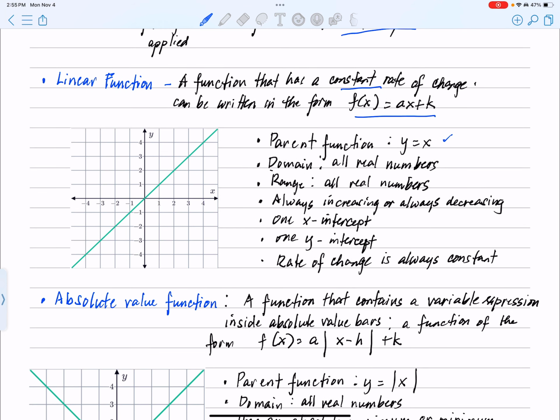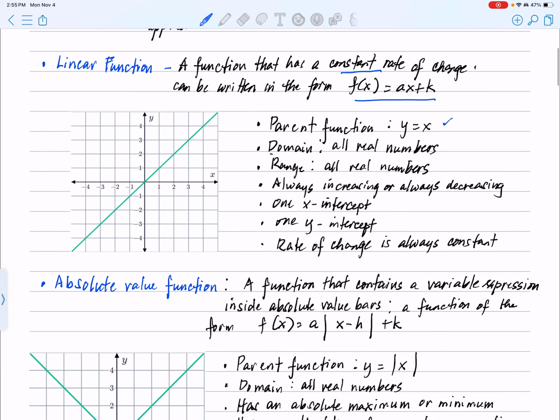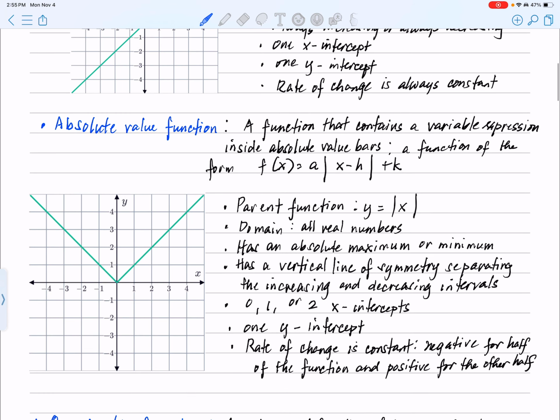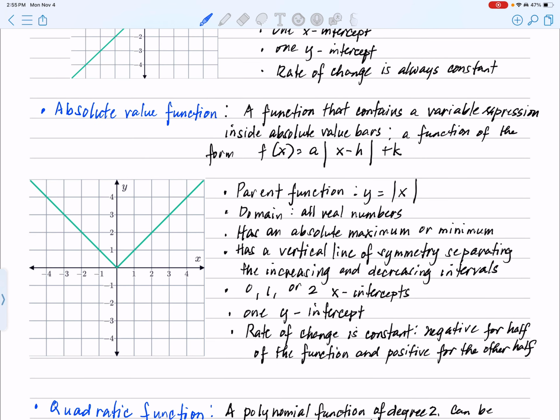That is for linear. Next is the absolute value function. An absolute value function is a function that contains a variable expression inside the absolute value bars. So it's easy for us to identify that a function is an absolute value function because we can see an absolute value bar. It can be written in the form f of x equals a times the absolute value of x minus h, plus k.